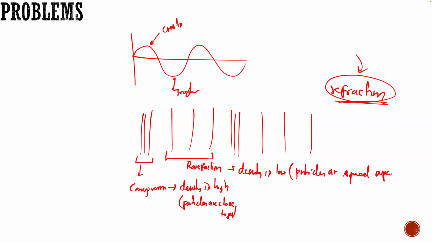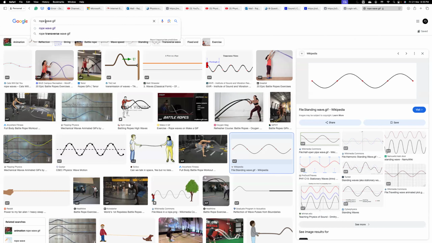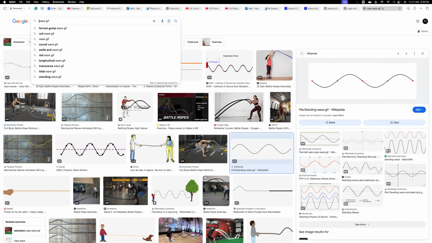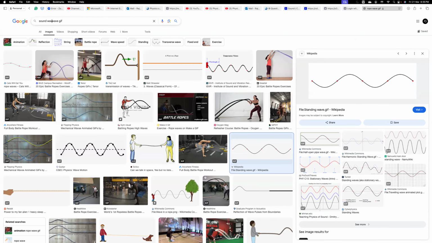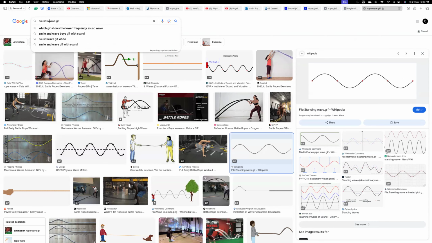For example, let's go through the picture here. The sound wave. You can see there are regions here where particles are very close together, and between two consecutive compressions there is a region where particles are very spread apart, right?